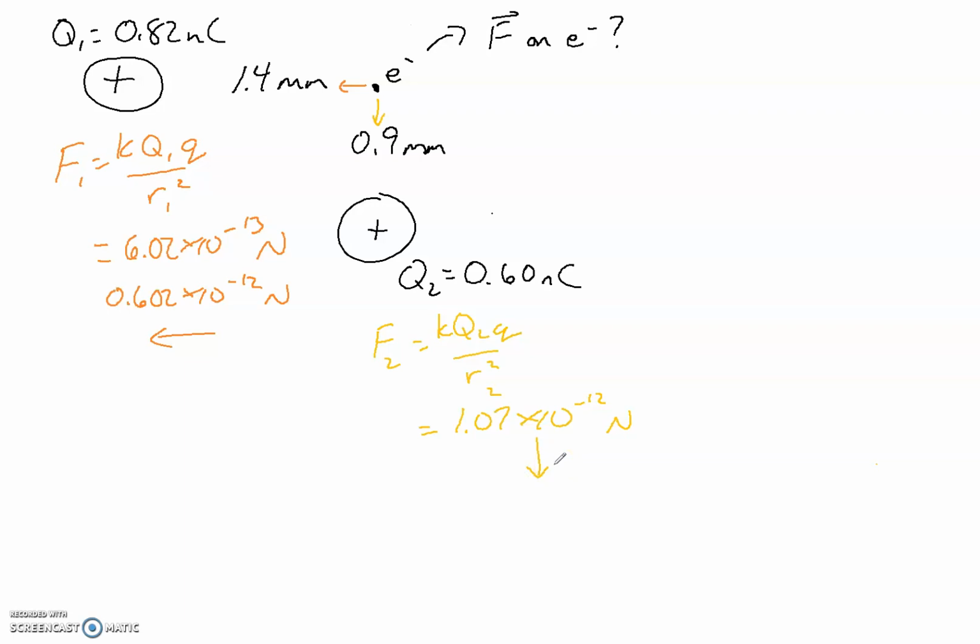It's a very similar type setup to when you guys did the electric fields. So I've got the two forces. I'm just going to put those two forces together as a triangle. So I've got one force going this way, and this is 0.602. And then I've got the other force going down, and this is 1.07.